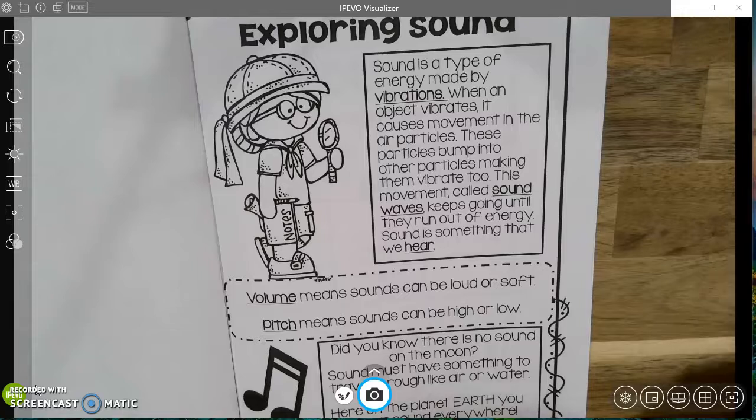But inside the air are such small little pieces of stuff, and those are called particles. So there's stuff in the air, but they're so small that we can't see them, but they're there. And they bump into other particles because they get pushed, and it causes them to vibrate too.